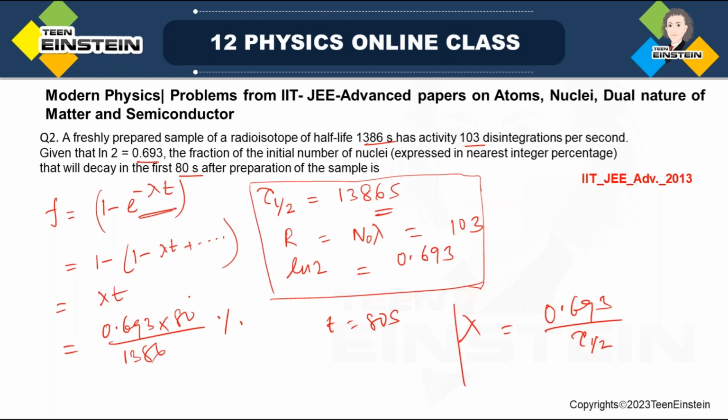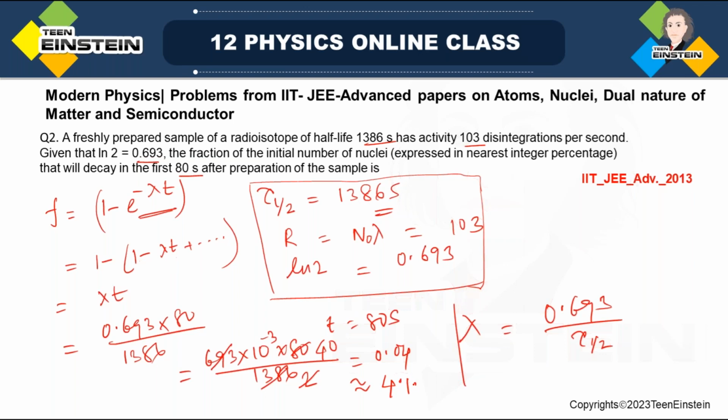Now look, I can write this as 693 into 10 to the power minus 3 into 80 divided by 1386, and this is actually 2, and this will be 40. That means this will be 0.04, or if we express it in percentage, it will be nearly 4%.